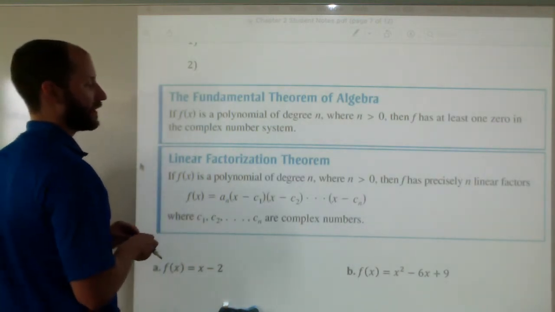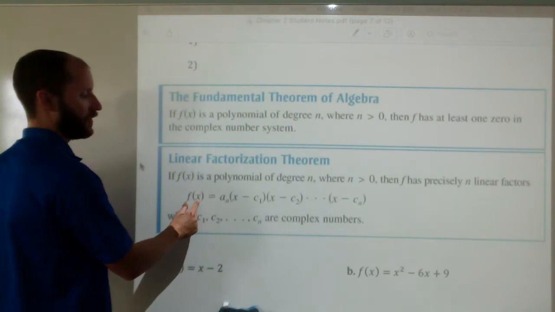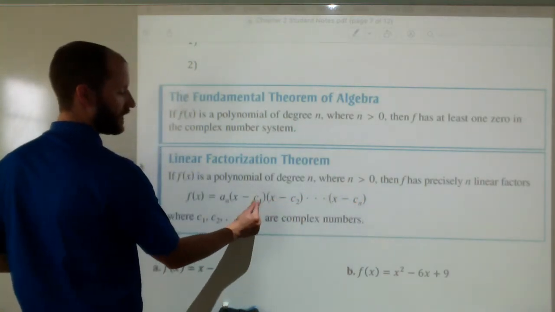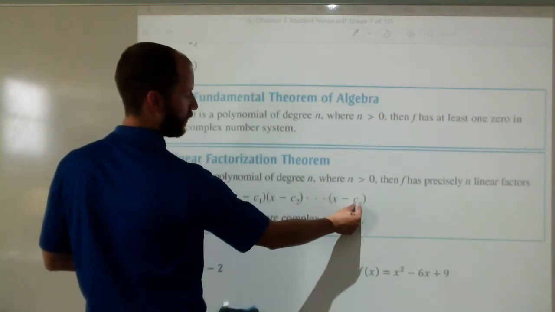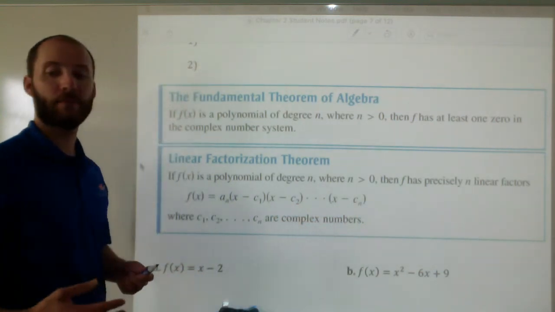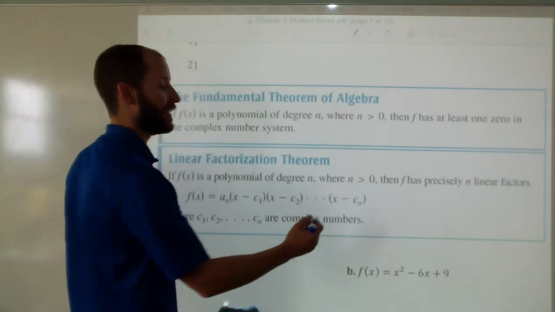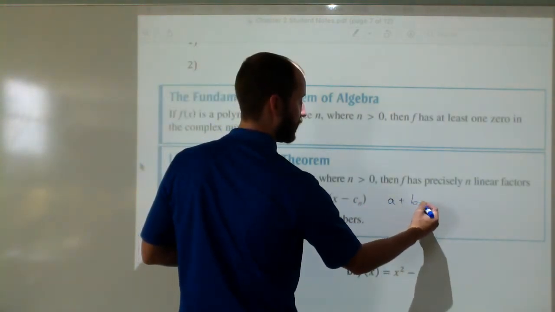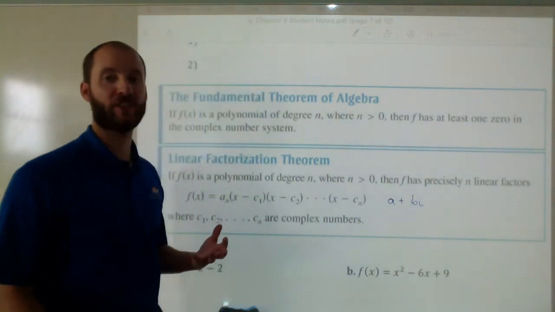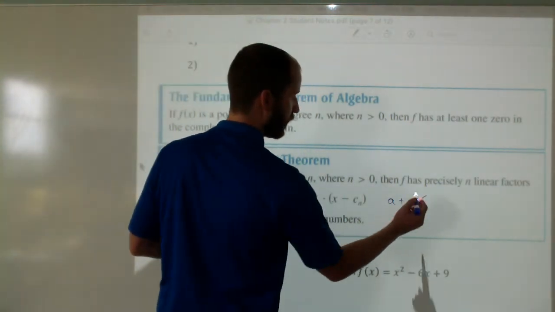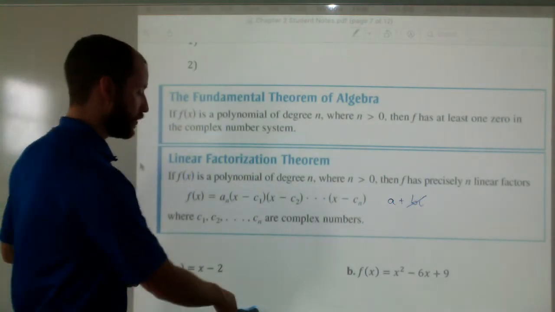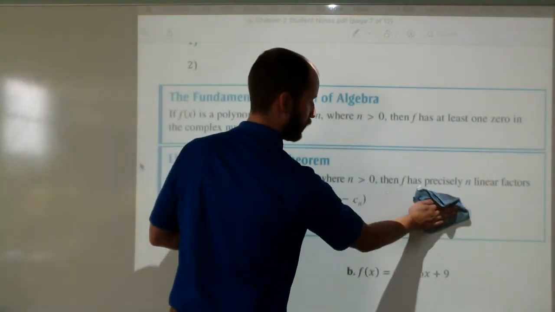So the linear factorization theorem says if you have a function, you can break it down into individual factors where all of these c sub 1, c sub 2, and so on are complex. That could mean they're of the form a plus bi, so they're imaginary, or they could just be a real number. But you can break it down into those individual factors.